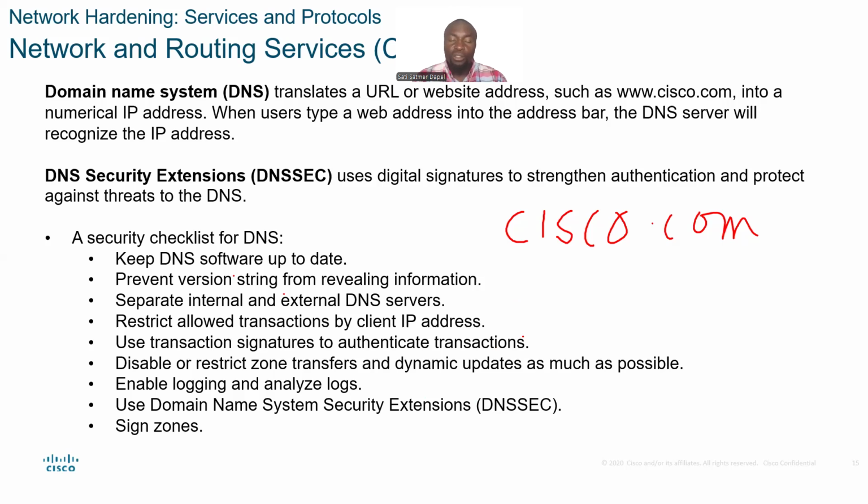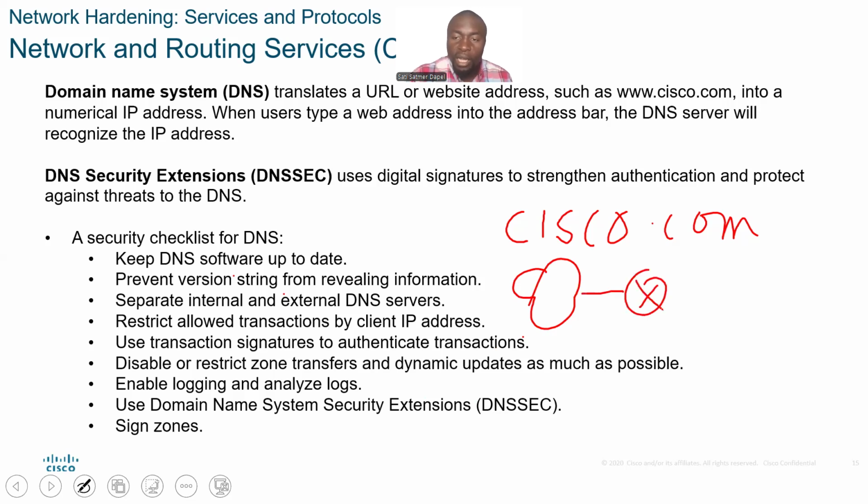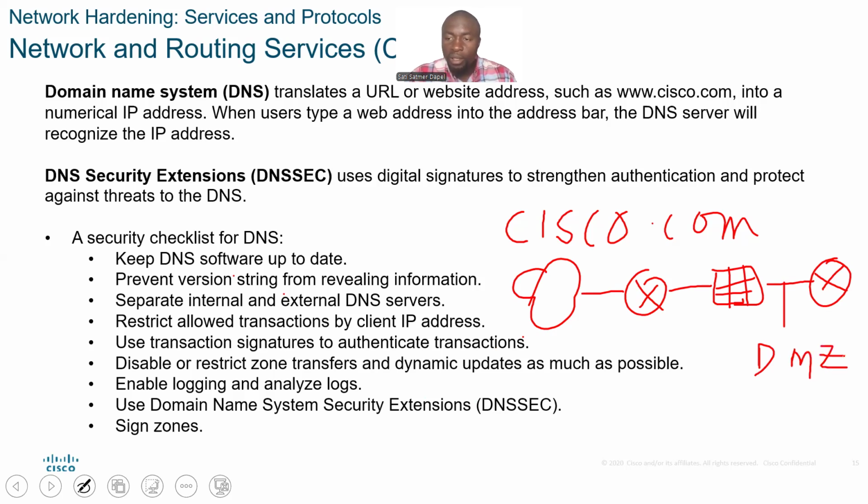I told you that maybe this is your internet, and then this is your edge router, this is your firewall, then this is your internal network. Now, in your design, a simple design could say, because this is your firewall, you will have what they call a DMZ here, or in some organizations, they may decide to have their DMZ here.